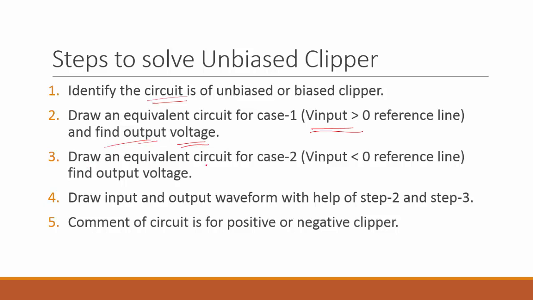Step 3, draw the equivalent circuit for case 2 with V input less than the 0 reference line and find the output voltage. Step 4, based on steps 2 and 3, draw the input and output waveforms.